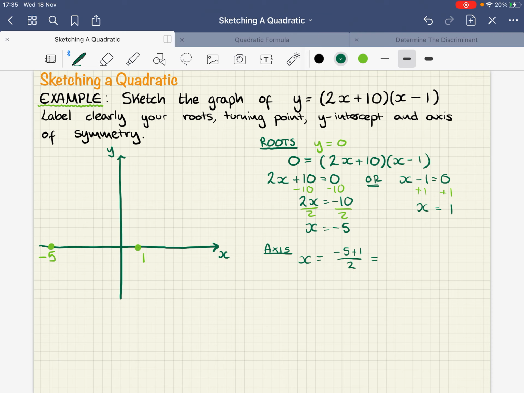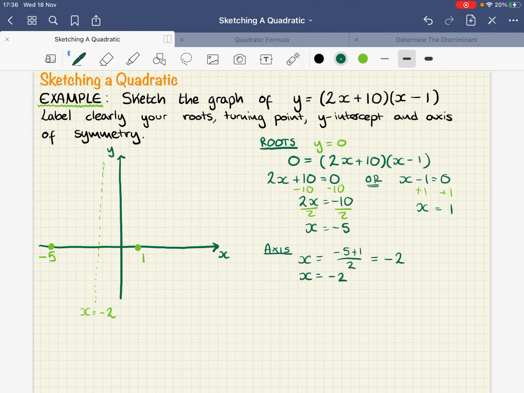So minus 5 add 1 is going to be minus 4. Divided by 2, it's going to be negative 2. So I'm just going to write that a little neater. x equals negative 2. So somewhere in the middle, that is going to be my axis of symmetry where x equals negative 2.